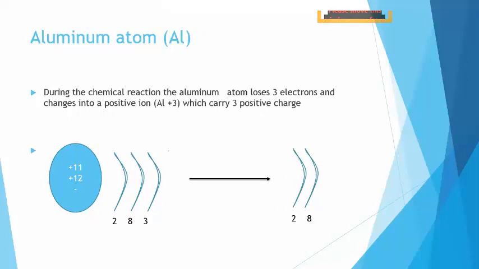Aluminium during the chemical reaction tends to lose 3 electrons from the outermost energy level and is written as Al3+, because it loses 3 electrons from the outermost energy level and is changed into a positive ion.